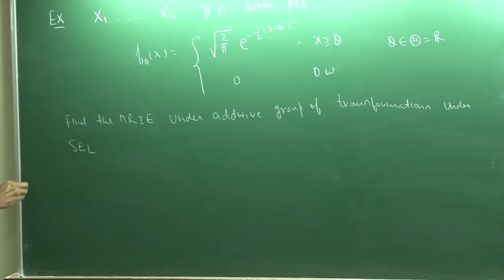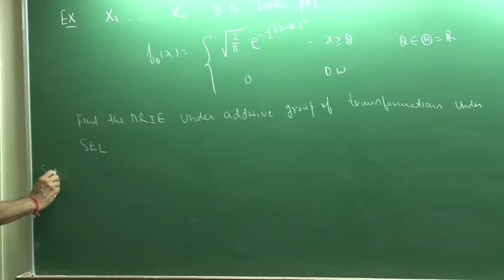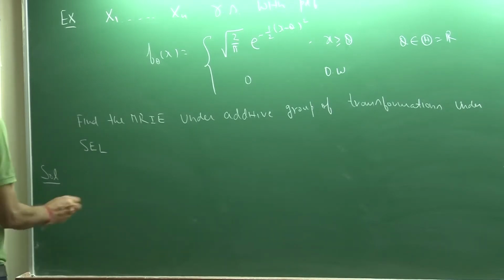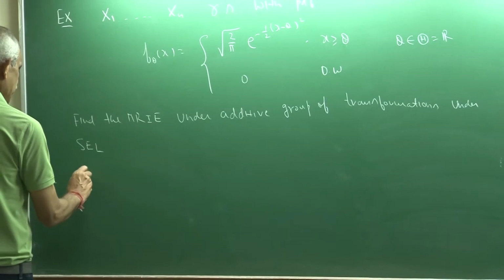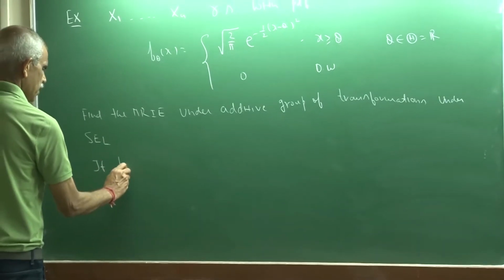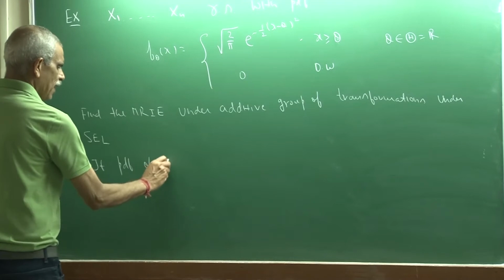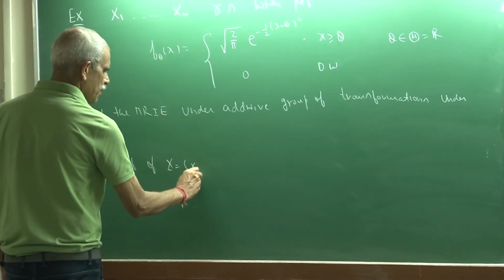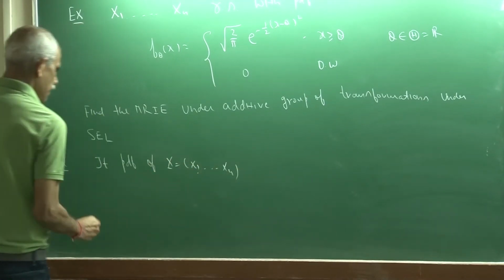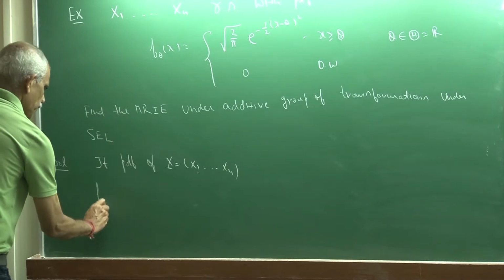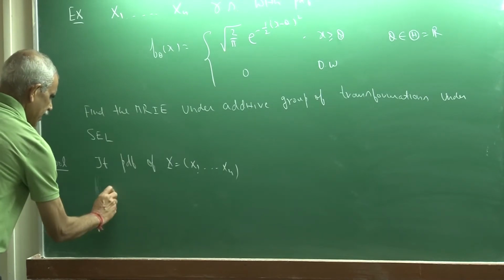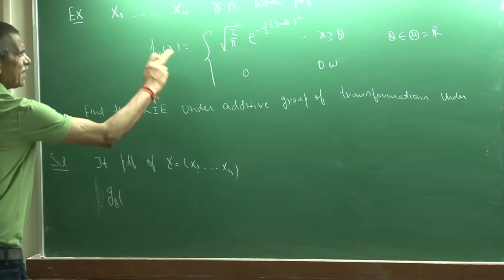First I have to see that my probability model belongs to a location family. So let us try to see what is my joint density of X. Let me call this g_theta, because I am using f over here.